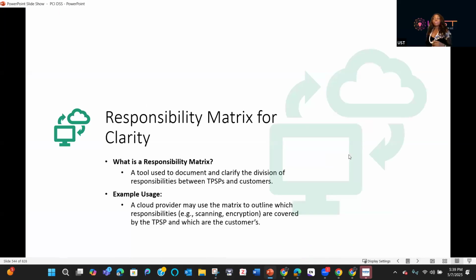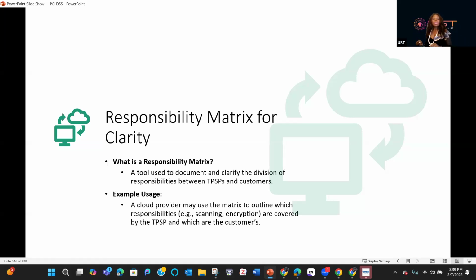And this brings us to what is known as the responsibility matrix for clarity. What is a responsibility matrix? It's a tool to document and clarify the division of responsibility between the vendor and the customer. We need that so people know their responsibilities. If not, we might throw some things under the bus or under the carpet, thinking this person is doing it, and at the end of the day, nobody is.